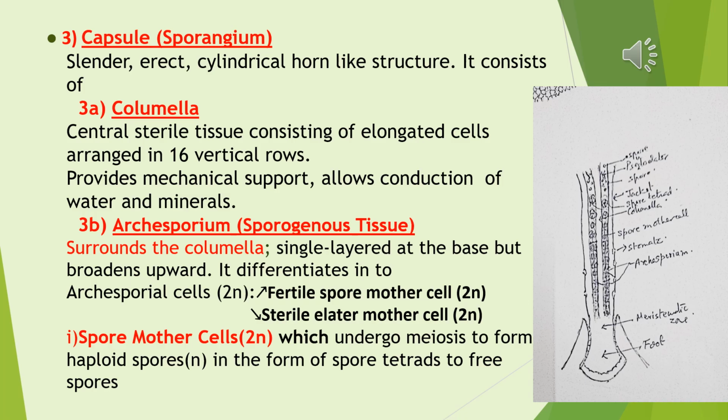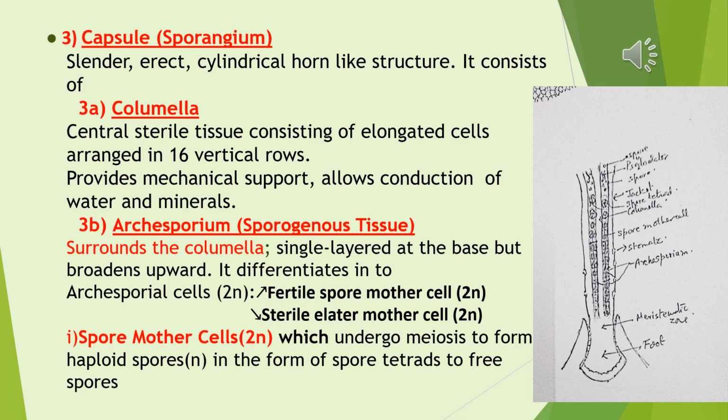It gradually differentiates into spore mother cells, which are diploid cells, 2N. This undergoes meiosis to form haploid spores, 4 in number, that is spore tetrads, and then free spores.